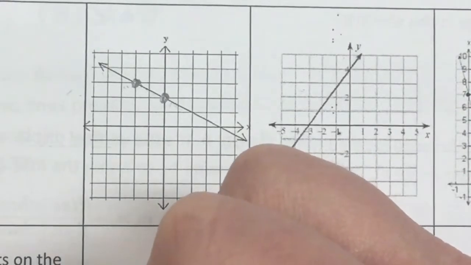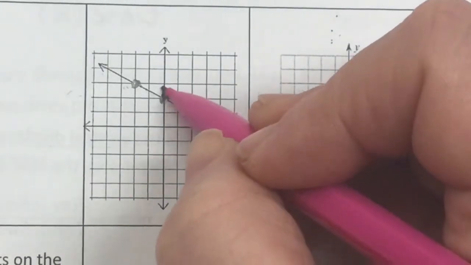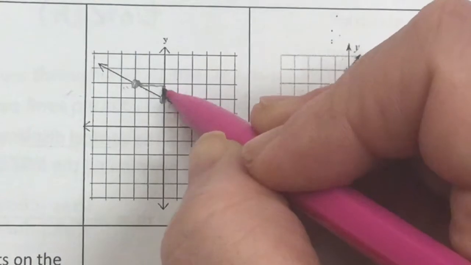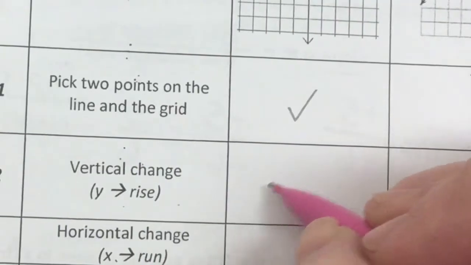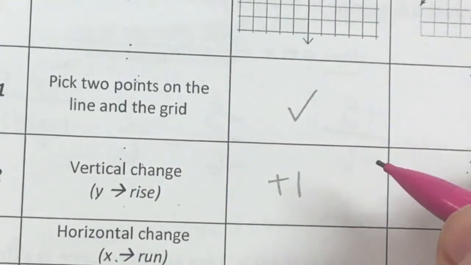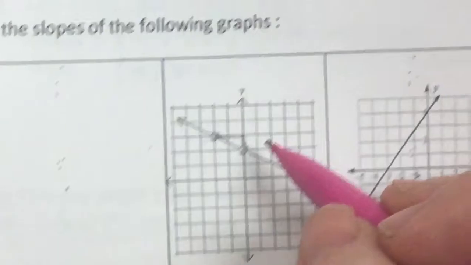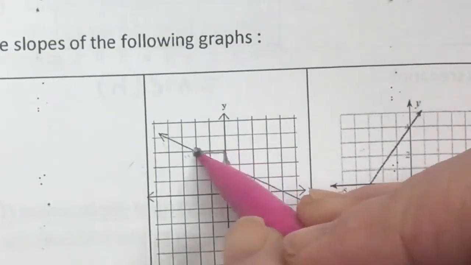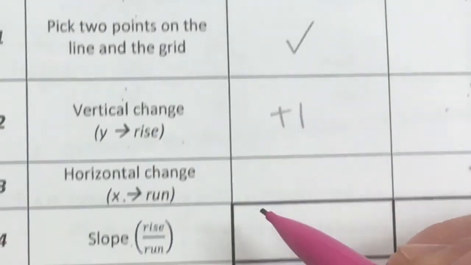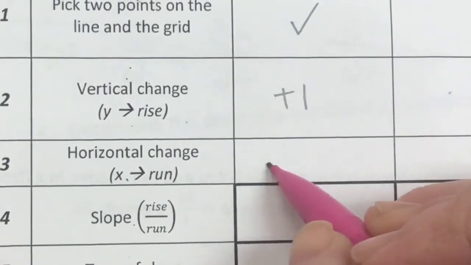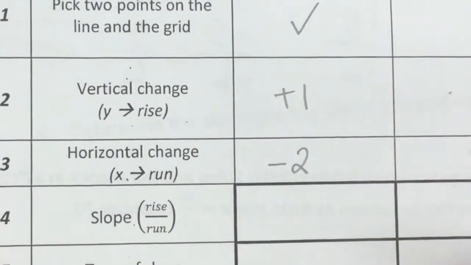Then I'm gonna look for my vertical change. So my vertical change is +1. And here, I'm gonna go back 2, so my horizontal change back is a negative, remember? -2.